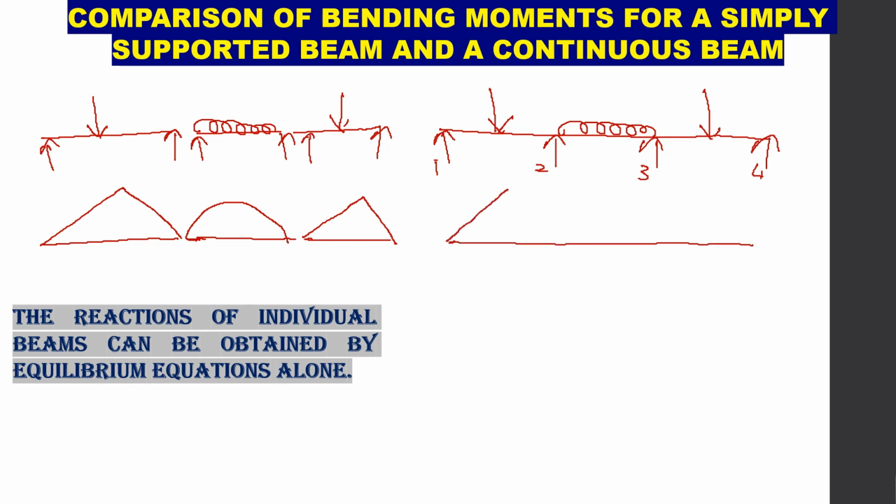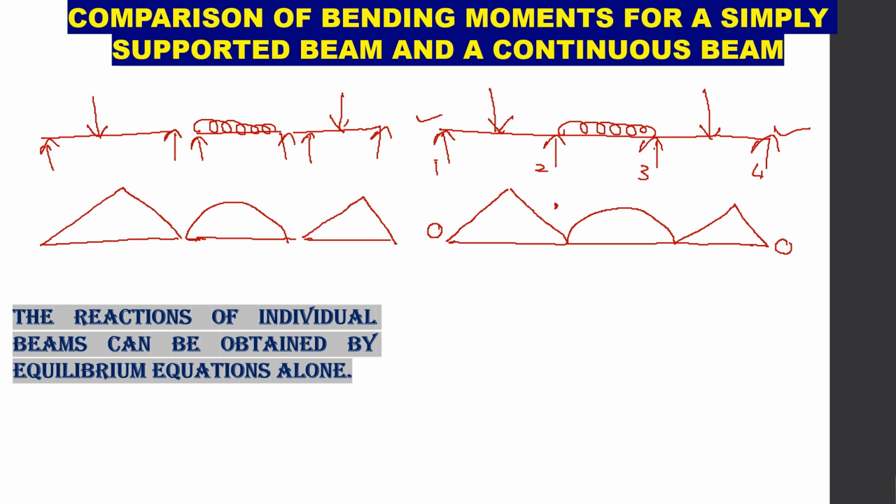It is the bending moment due to simple supports like this, and due to fixed support. See here, the end supports are simple supports. If the end supports are simple supports, you will have zero moment at the end support. But the intermediate supports, even though they are simple supports, will have some negative bending moment, a restraining effect because of these intermediate supports.